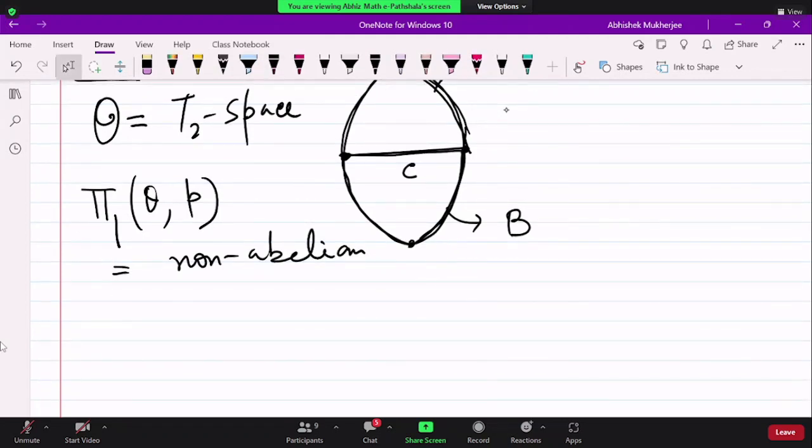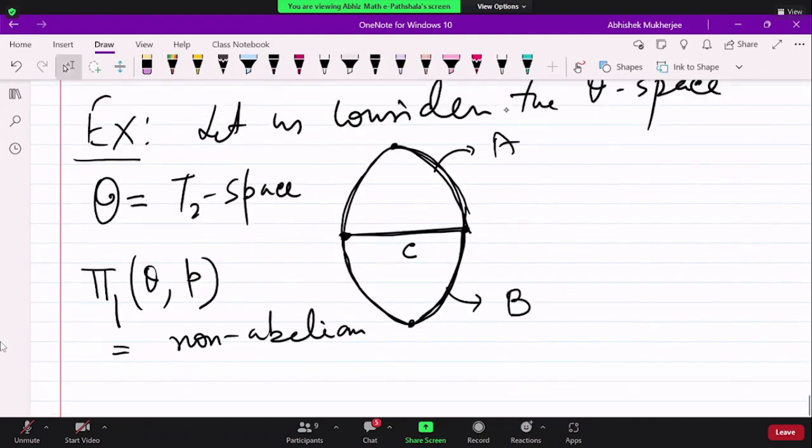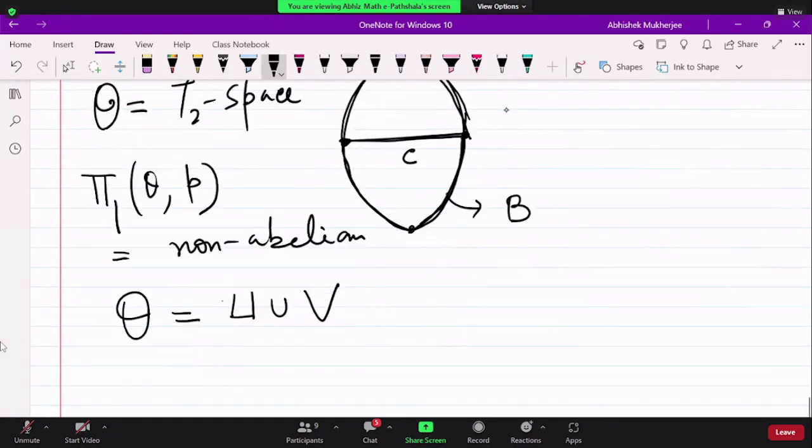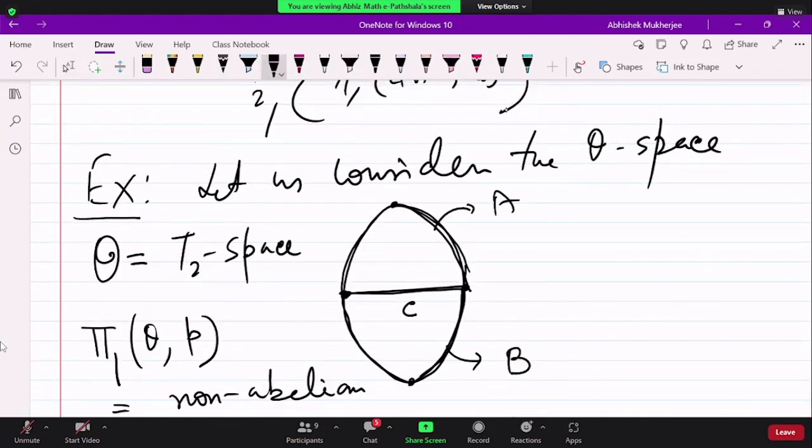So if you look at this diagram, theta can be represented as the union of U and V, where we take U as the space punctured at some point, let us call it small p.